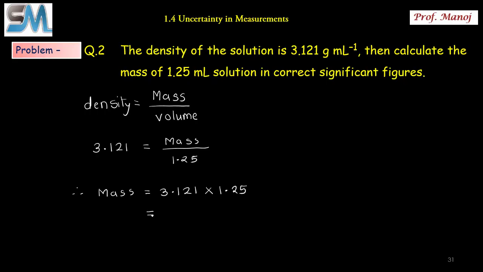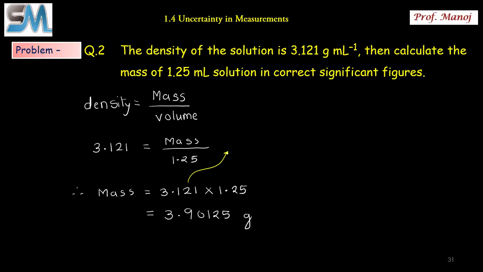As we saw, we are going to just multiply these normally and get the answer first of all, which is 3.90125.